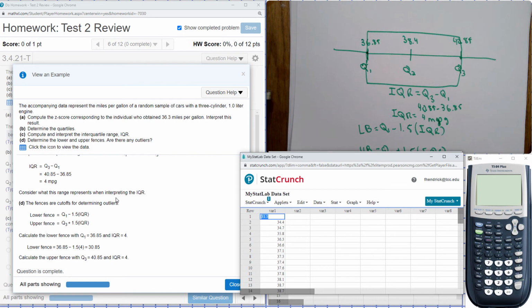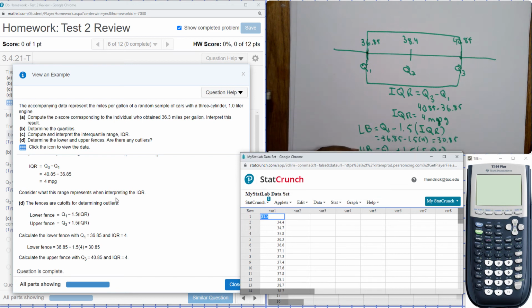Okay, so what we end up doing here for the lower fence, we have 36.85 minus 1.5 times 4, which gives me 30.85.